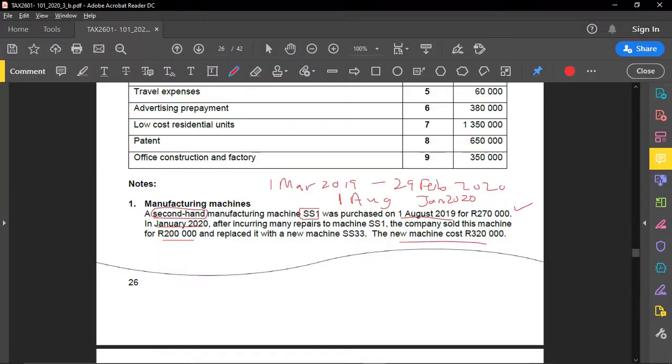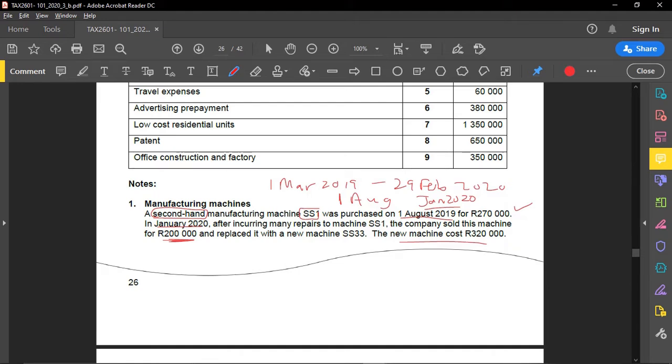Now you've looked at the first part. Second part, in January 2020, a few months later, after incurring many repairs to machine SS1, the company sold this machine for 200,000 and replaced it with a new machine. If I'm selling an old machine, I need to determine if there's a recoupment or scrapping allowance.